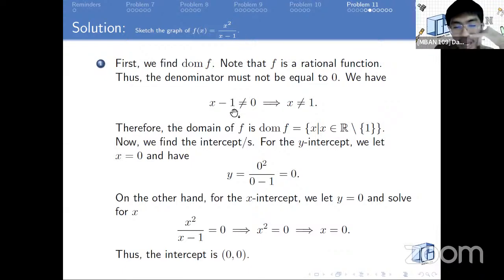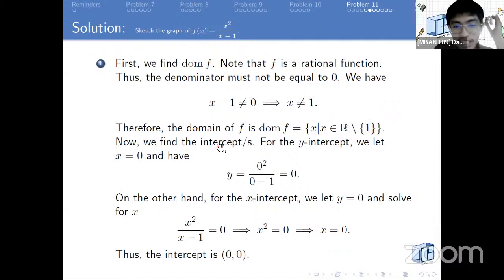So x minus 1 cannot be 0, implies that x cannot be 1. So we now know that the domain of f is all x in R such that x equals 1 is excluded.